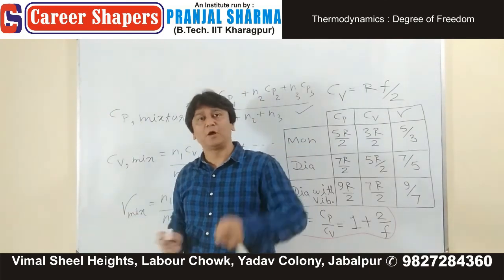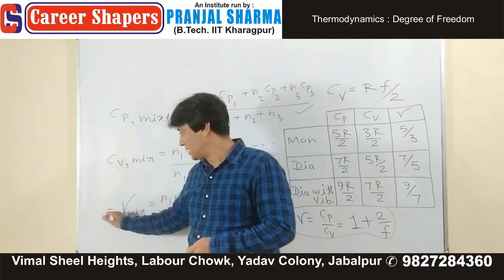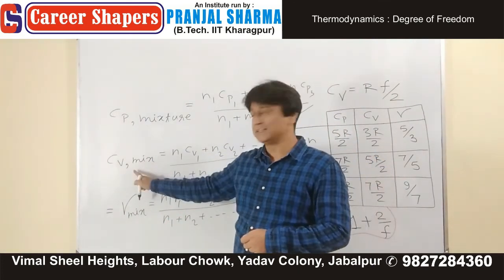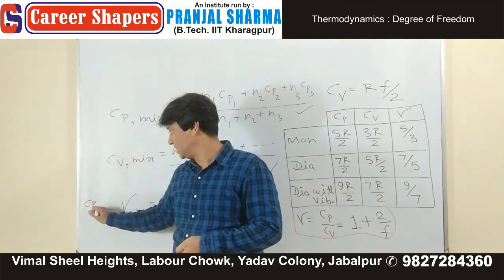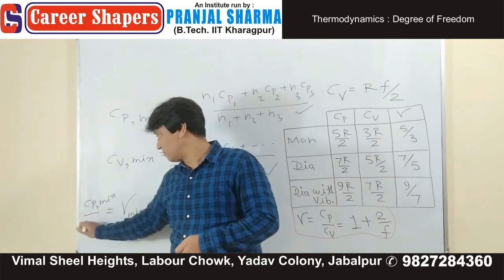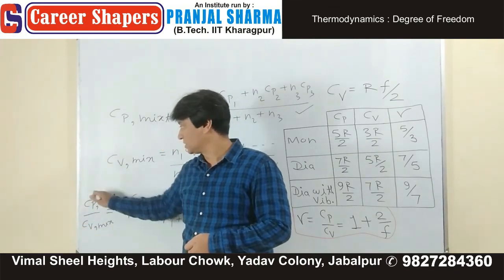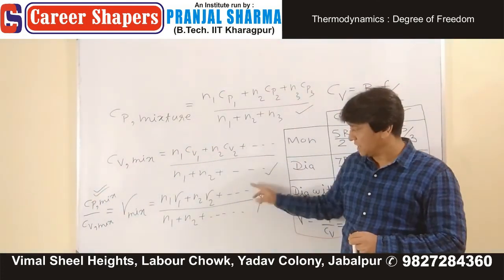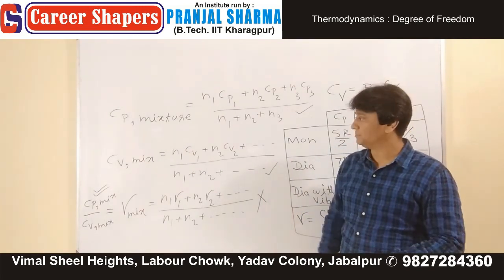So whenever you need gamma of a mixture, you will find Cp of the mixture and Cv of the mixture, and then you will divide these things: Cp of the mixture divided by Cv of the mixture. This is the correct profile. Don't forget to write this and then make a cross so that you always remember this.